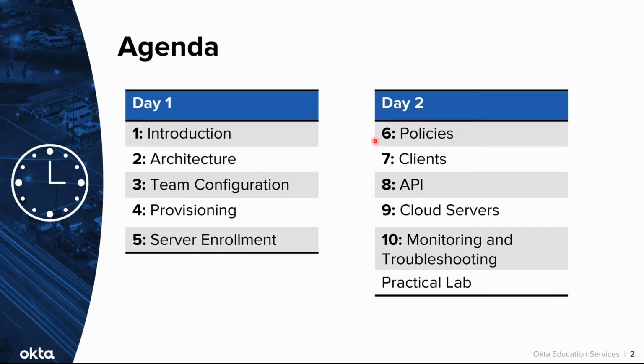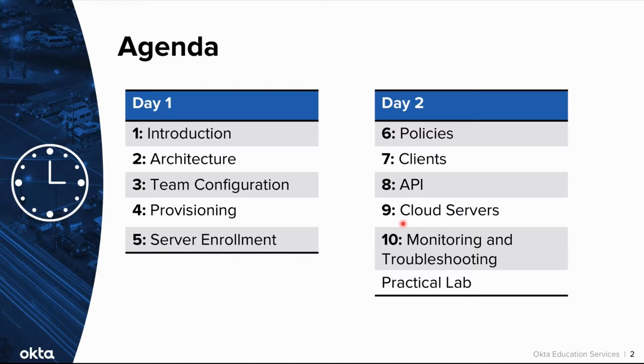And on day two, we begin by focusing on clients. We look at client enrollment policies, client configuration. We work with the API because everything that you can do in the UI, you can do with the API. In the Cloud Servers module, we talk about bastion architecture.